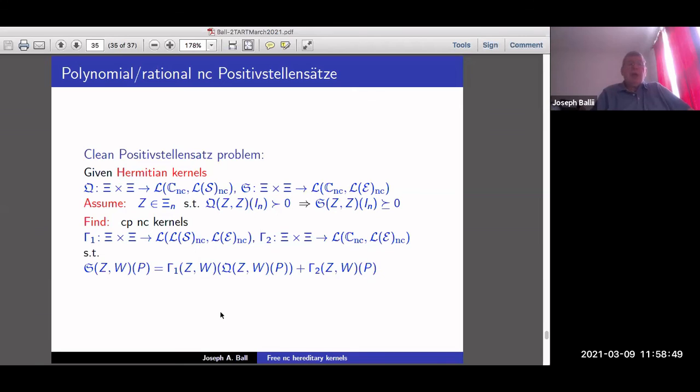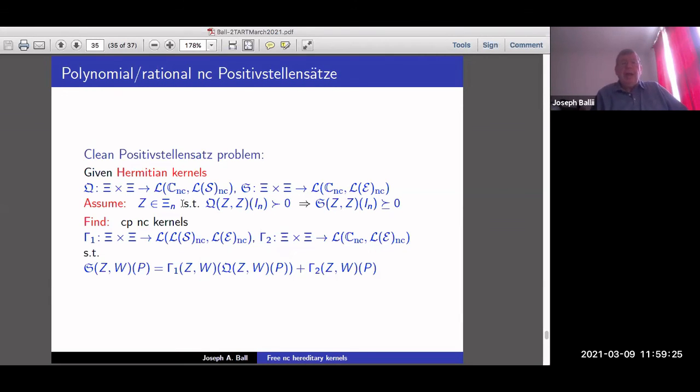Then this is of the same flavor as a clean positive Stellensatz problem, given Hermitian non-commutative kernels, and you assume on C that this is positive semi-definite. That's this kernel dominance property. Then the problem is to find completely positive non-commutative kernels so that we have this decomposition for S.